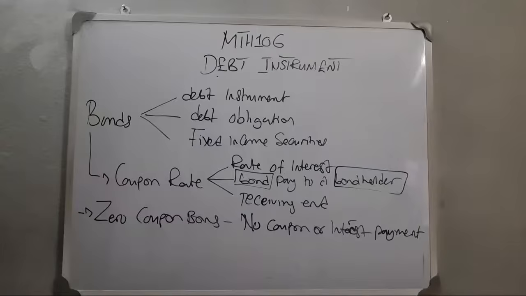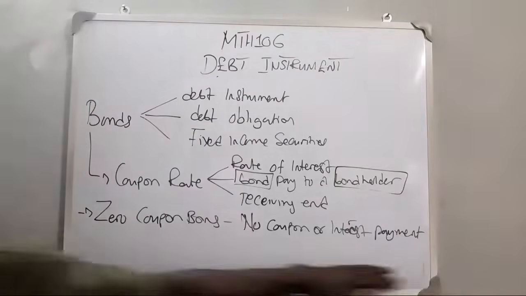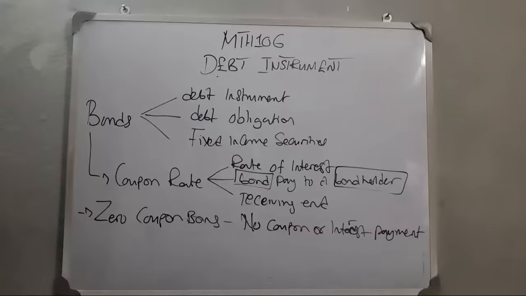So with a zero coupon bond, instead of getting interest payments, you buy the bond at a discount from the face value of the bond and are paid the face amount when the bond matures. Instead of paying interest, you get it at a discounted price.